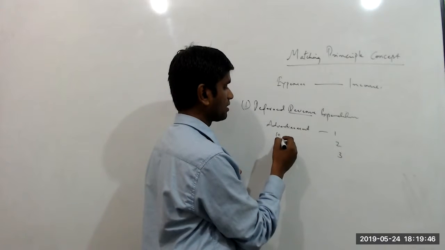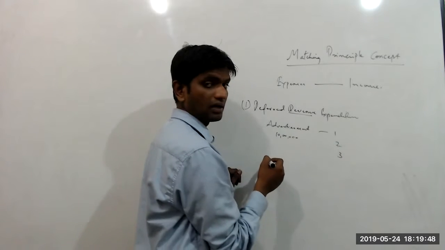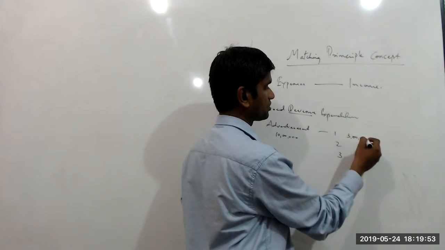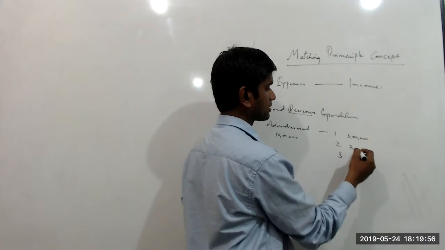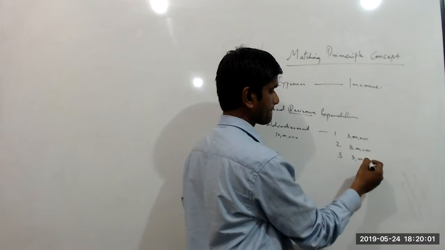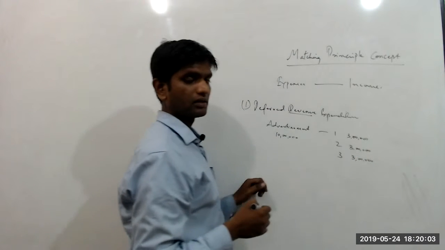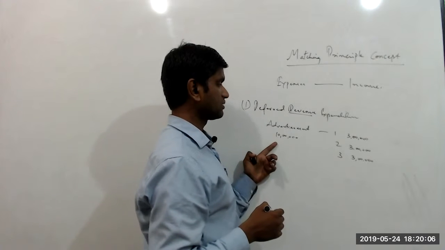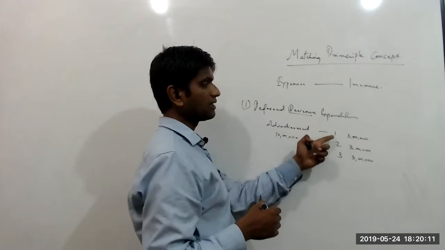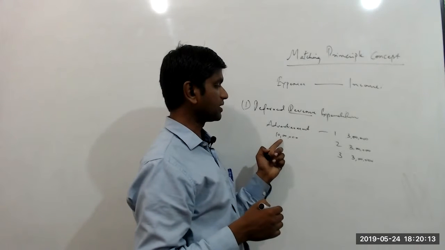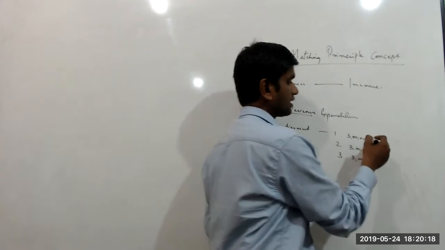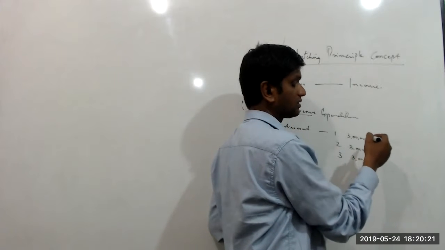Let us say you spend around 10 lakhs towards advertisement, and you see an increase in the income by 3 lakhs each for the next 3 years. This is the increase in the income. This is not the whole revenue.